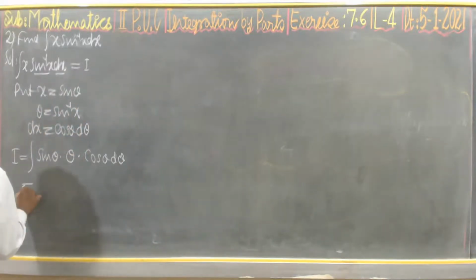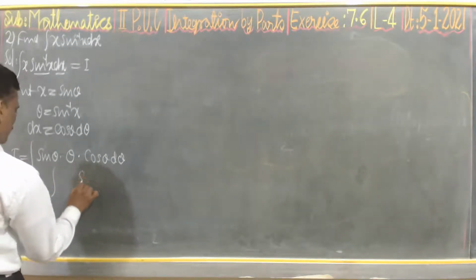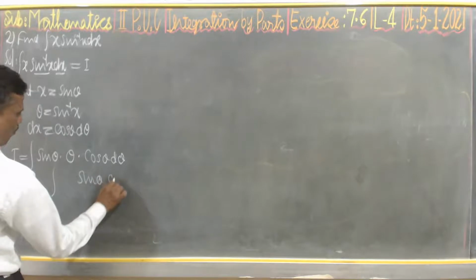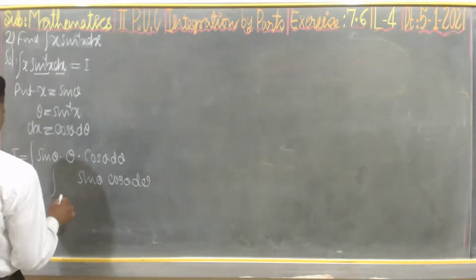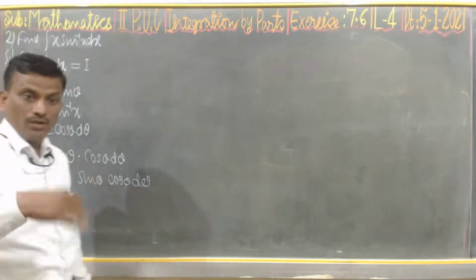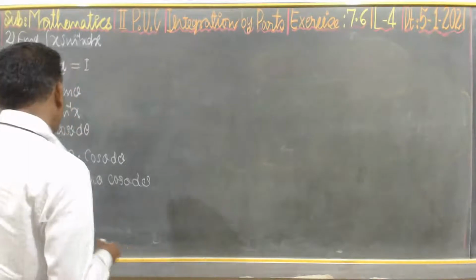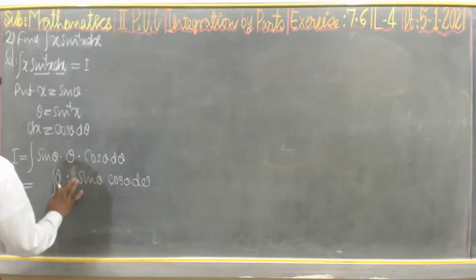So now this is nothing but, can I write properly? See here, sine theta cos theta d theta, and in addition to this, theta as it is. So here 3 to 4 terms are in product. So an alteration I am going to write here itself.